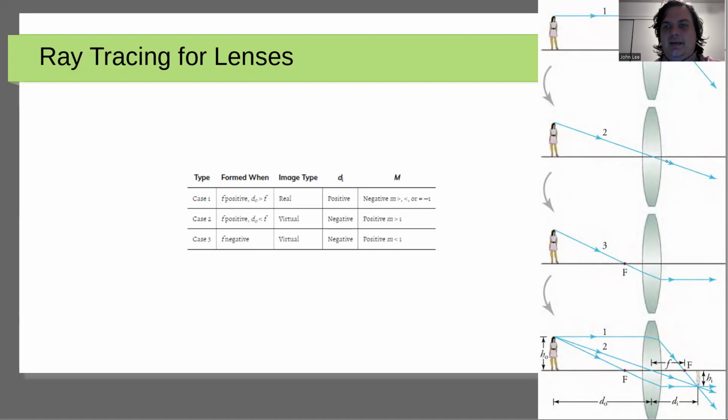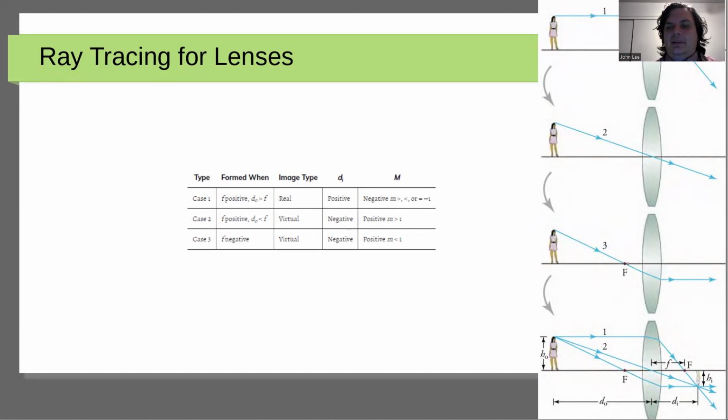You also know that anything that goes straight through the center of the lens is not going to bend at all. And anything that goes through a focal point on the left side of the, I keep saying mirrors when I mean lenses. We're talking about lenses right now, we're not talking about mirrors. I hope that really doesn't confuse you.